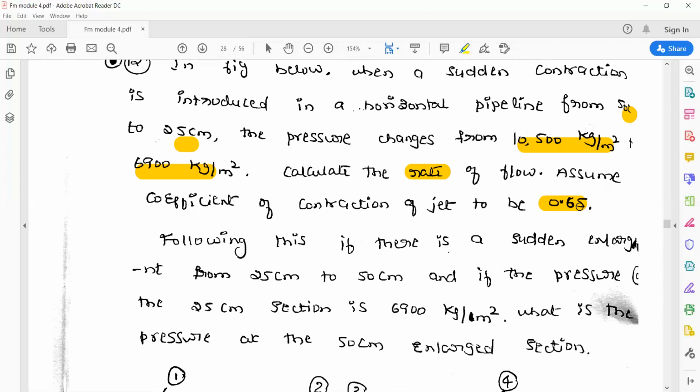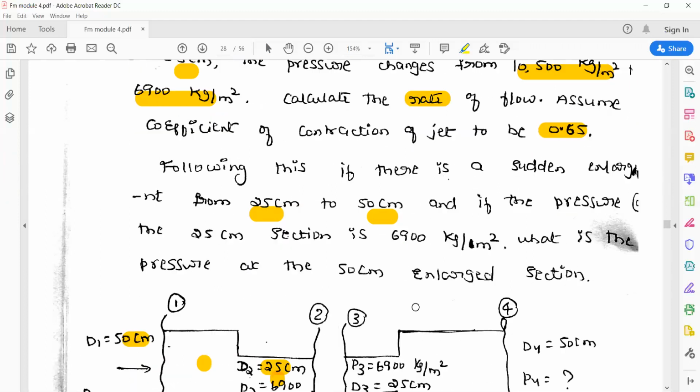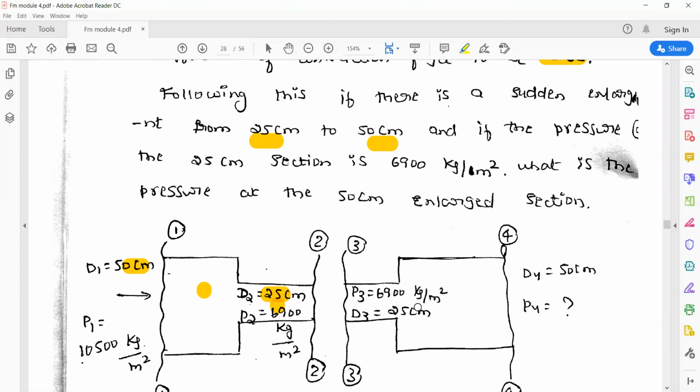In the second case, following this, there is sudden enlargement from 25 centimeter to 50 centimeter. The pipe is getting enlarged from 25 centimeter to 50 centimeter. And the pressure at the 25 centimeter section is 6,900 kg per meter square, in the sense P3, if you take that as section 3, and after sudden enlargement, if you take the section as 4.